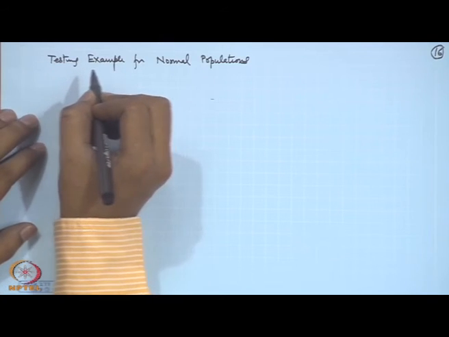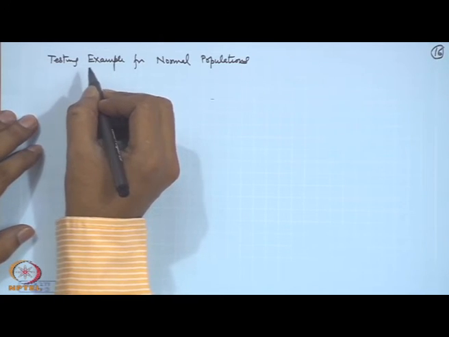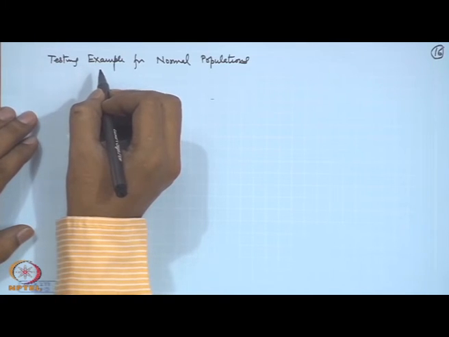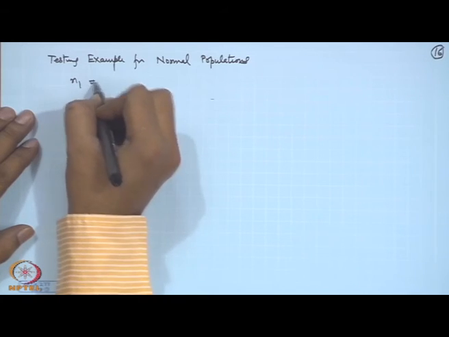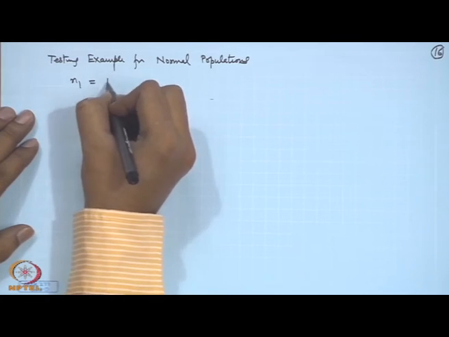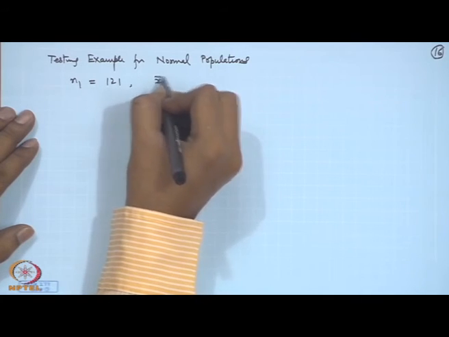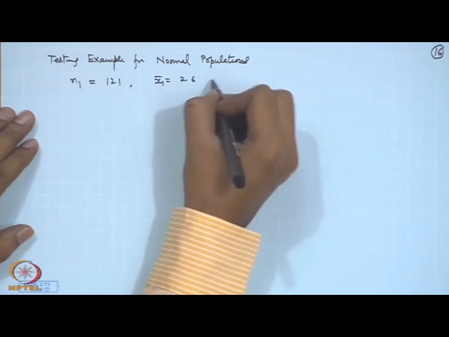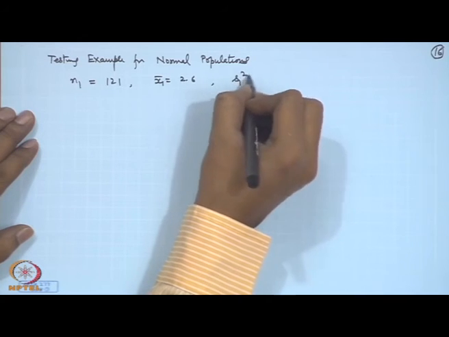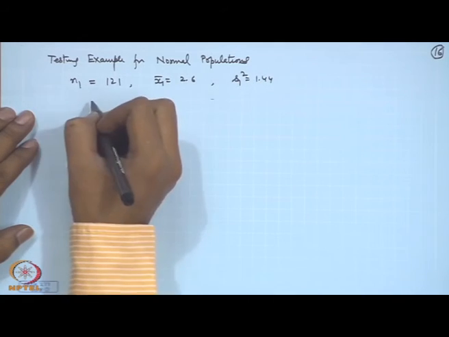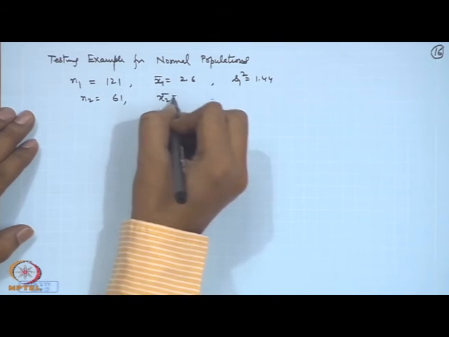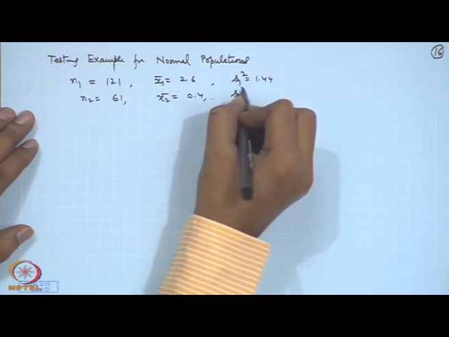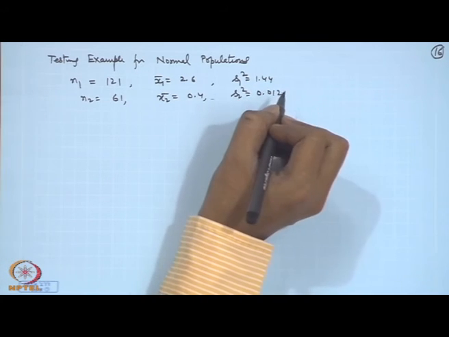So, we have 2 samples for 2 types of elements present in the bones of children, and then the following data is collected. N 1 is 121, x 1 bar is equal to 2.6, S 1 square is equal to 1.44, N 2 is equal to 61, x 2 bar is equal to 0.4, S 2 square is equal to 0.0121.